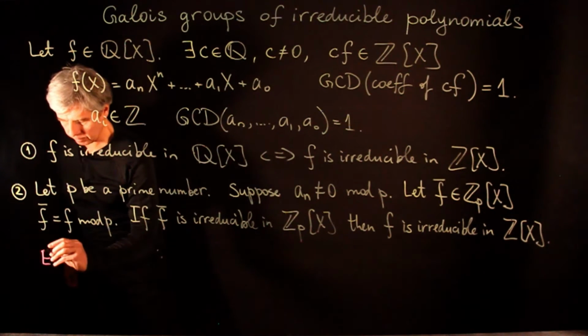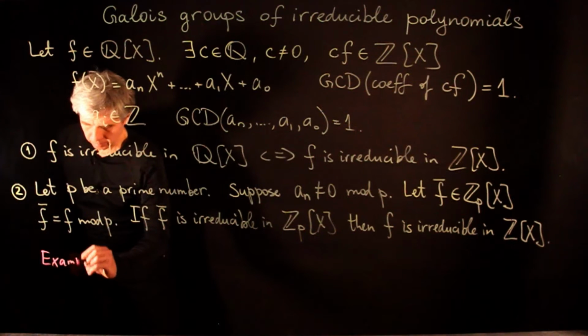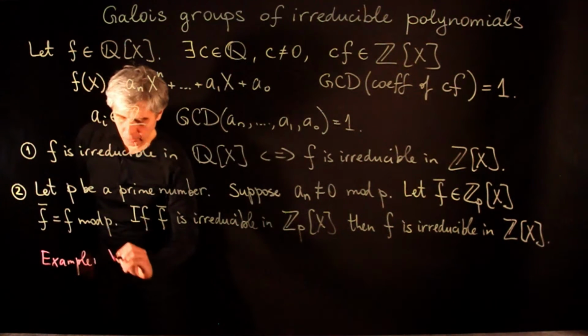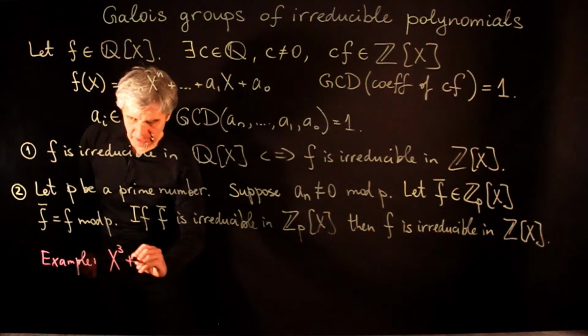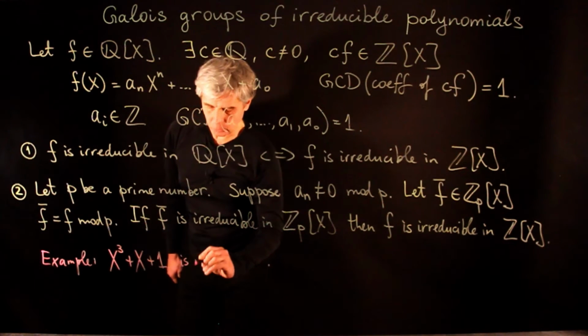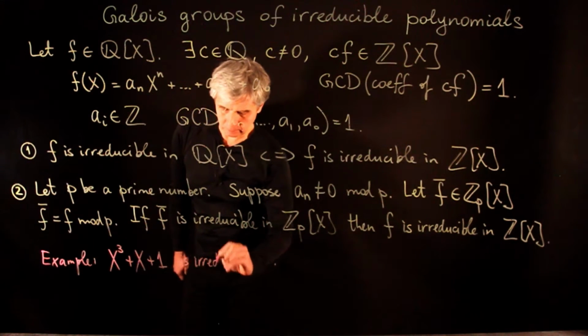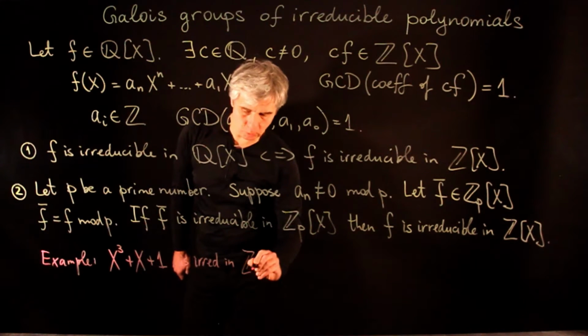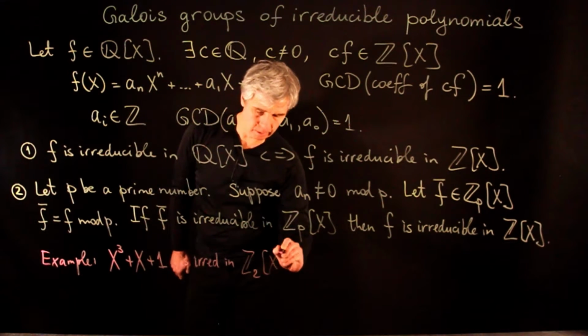So for example, we have the polynomial x cubed plus x plus 1 is irreducible in Z_2[x].